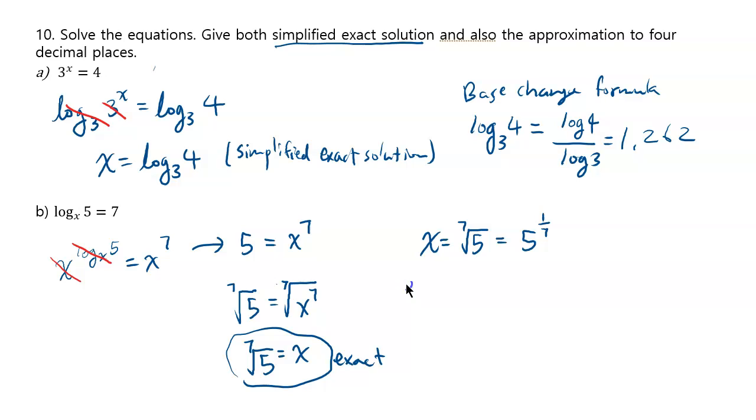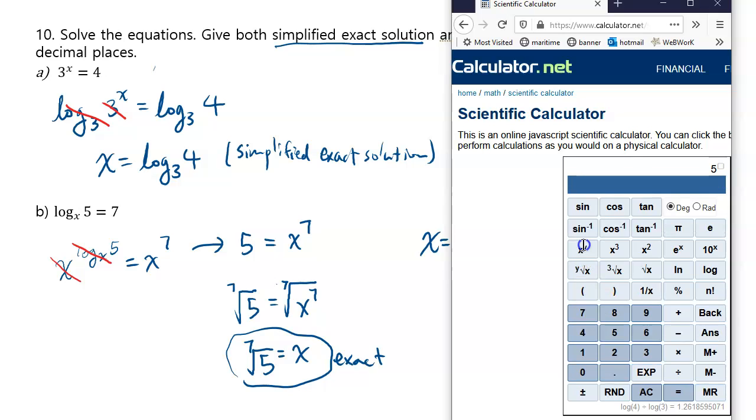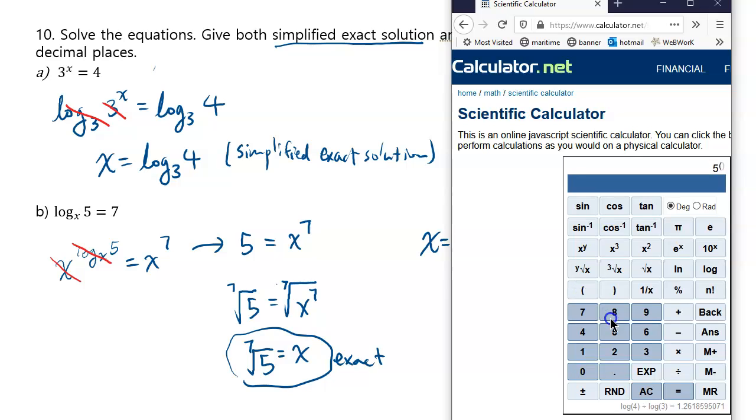Okay, and then you have to calculate this with the calculator. So let's use the calculator. x to the y means 5 to the power of parenthesis 1 divided by 7 parenthesis, equals.